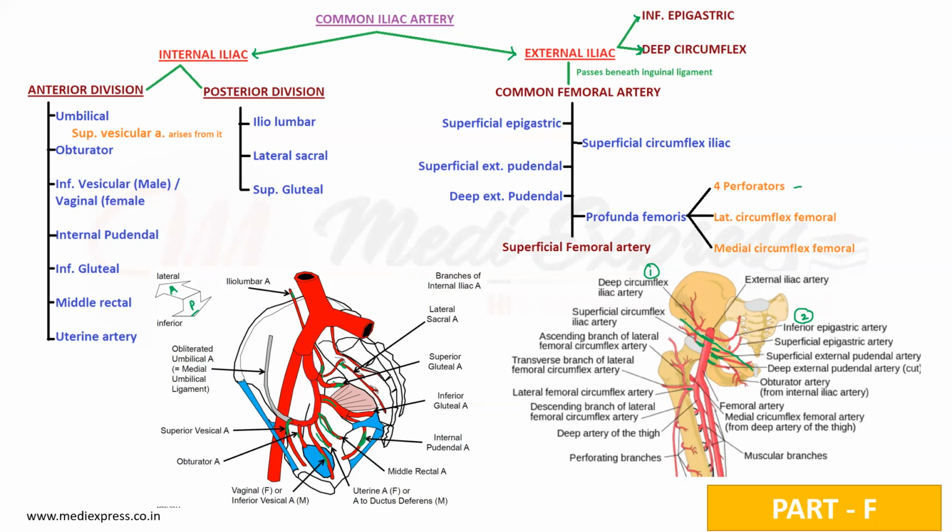Before passing beneath the inguinal ligament, external iliac artery gives rise to inferior epigastric and deep circumflex. So common femoral artery is termed only after the external iliac artery passes beneath the inguinal ligament. So this is about the common iliac artery.